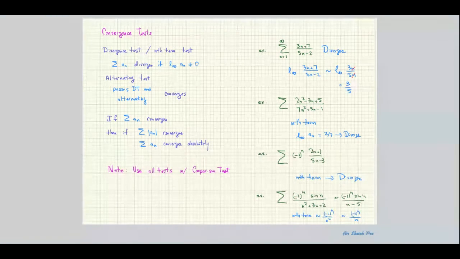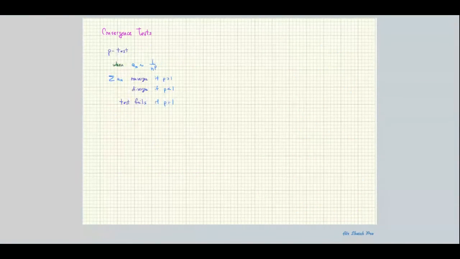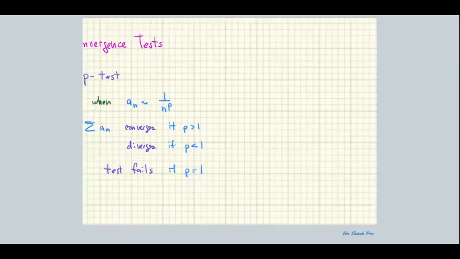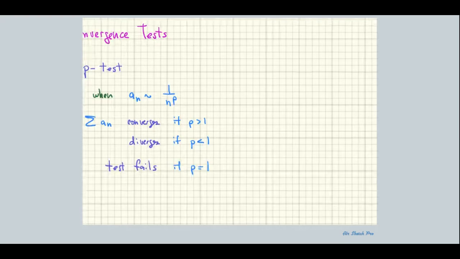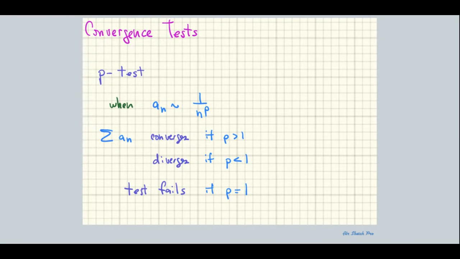All right. Now, let's talk about p-tests. And p-tests come from rationals. Anytime something looks like a rational function. An example here. Well, let's go ahead and just continue this.